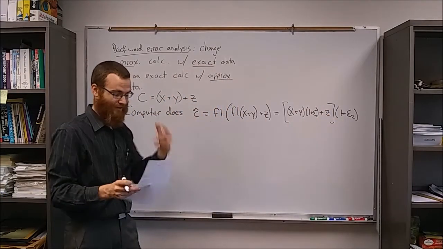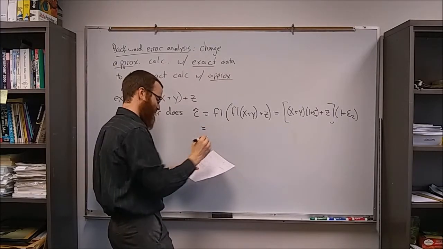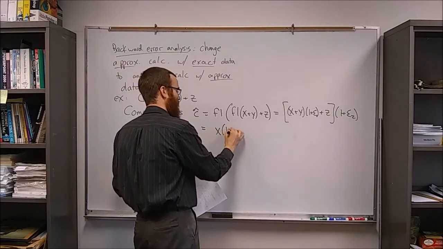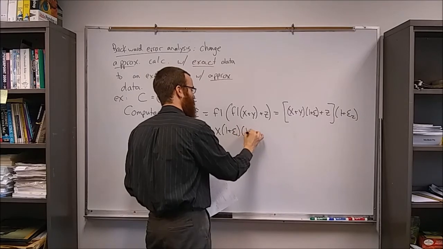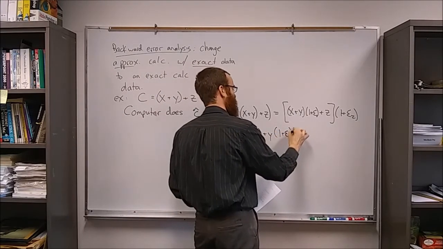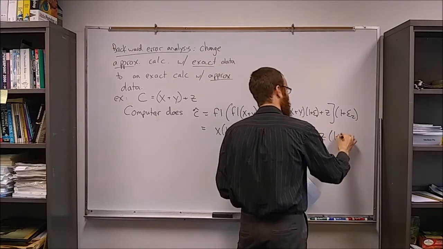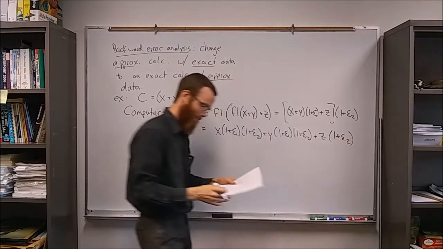So you have two different epsilons there. But we could rearrange this as x(1 plus epsilon 1)(1 plus epsilon 2), plus y(1 plus epsilon 1)(1 plus epsilon 2), plus z(1 plus epsilon 2).